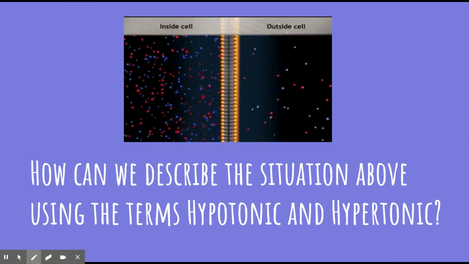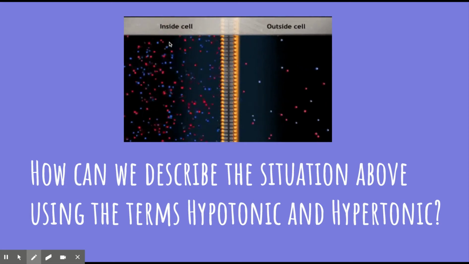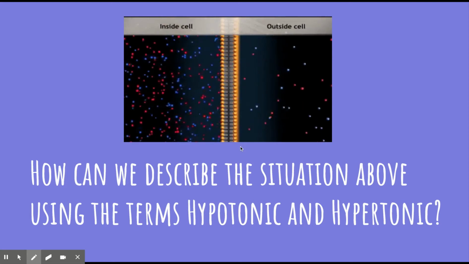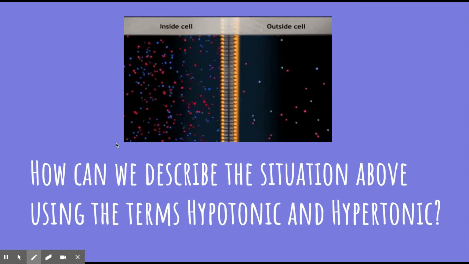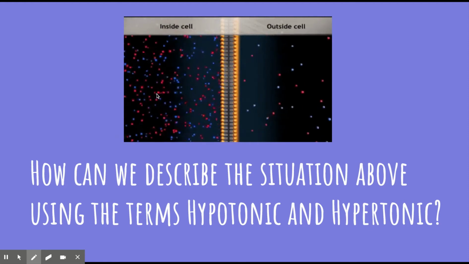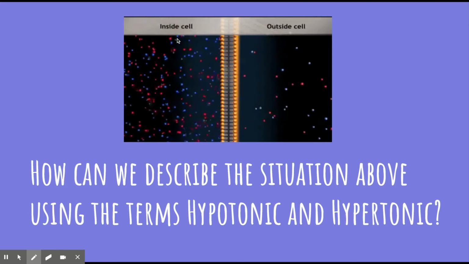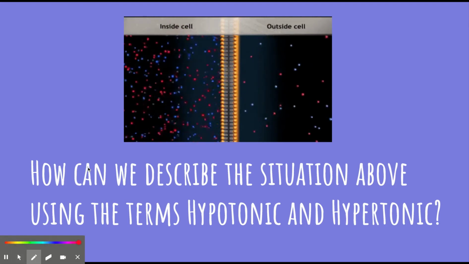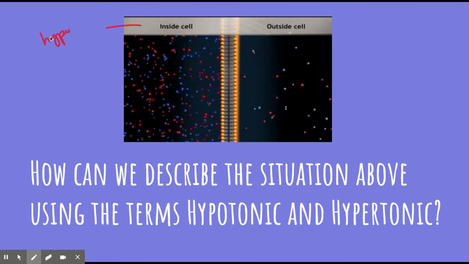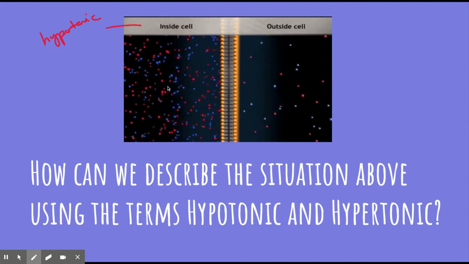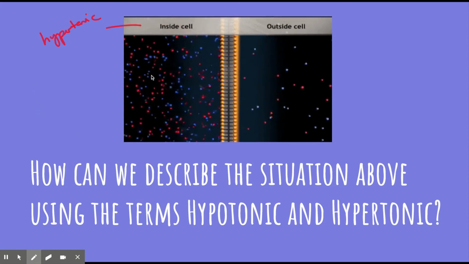So let's say this whole thing is a cell. This is the inside, this is the outside, here is your membrane. Your membrane is what's going to allow things to enter or leave. I'm going to compare these two, and I'm going to say that the inside of the cell is hypertonic because, from what I can tell, let's say the red guy is salt and the blue guy is sugar.